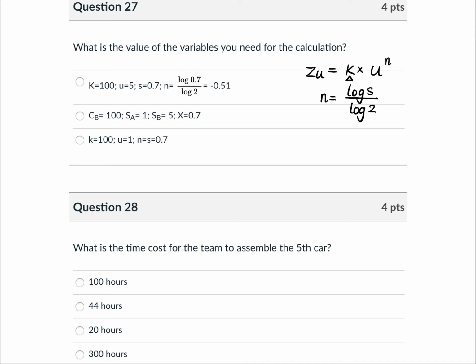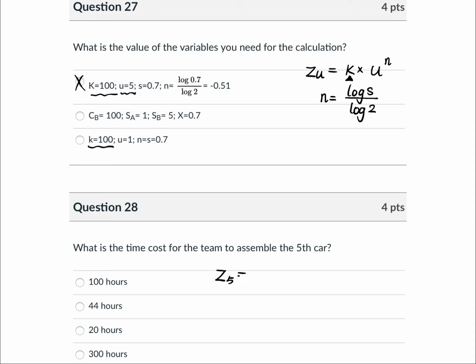Okay, so here you want to know what is K. K is given as 100. And what is U? You want to know the fifth car's cost, so U is gonna be 5. And S is the learning rate, which is 0.7. And N is gonna be log 0.7 over log 2.